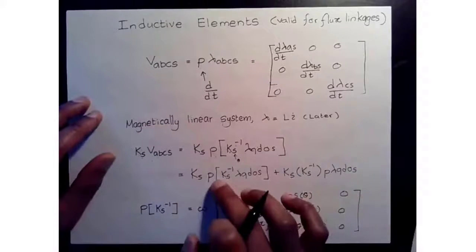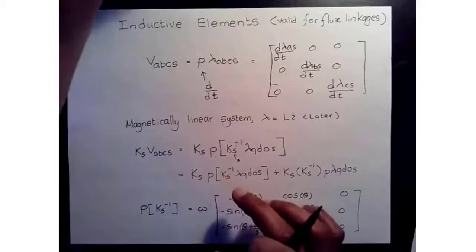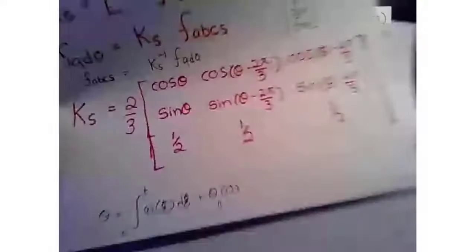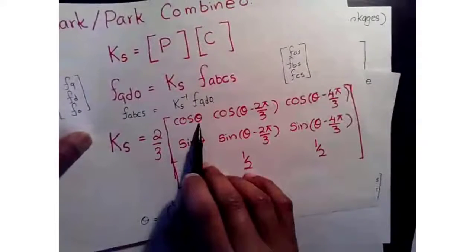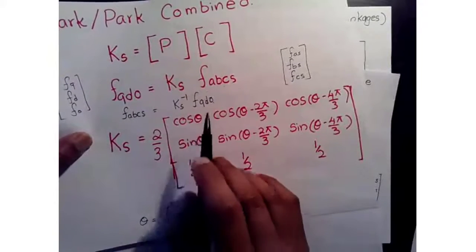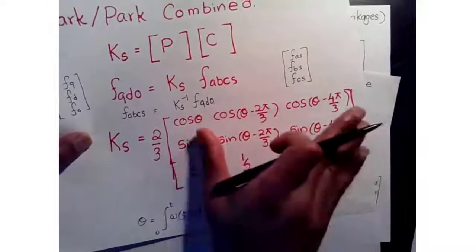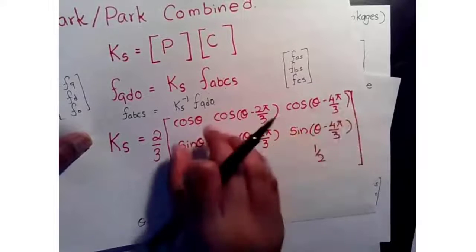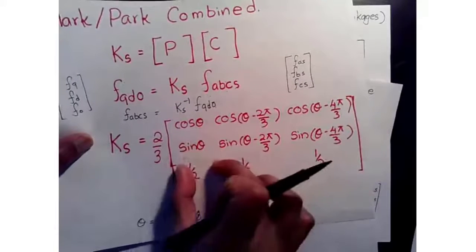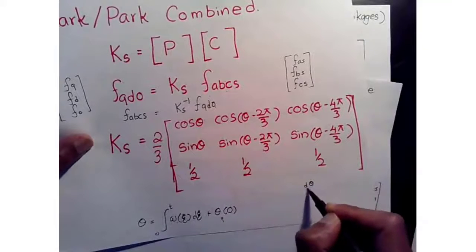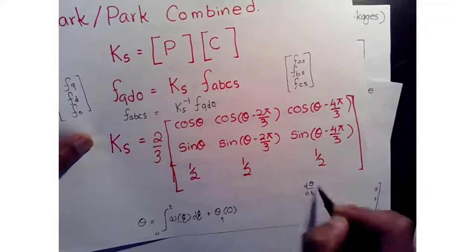All right. So now when you look at ks inverse, let me show you what we have inside that matrix. We have theta, right? So when you take the rate of change of this whole matrix, first of all, we have to take the derivative of the matrix with respect to theta. And then we have to look at d theta over dt separately.